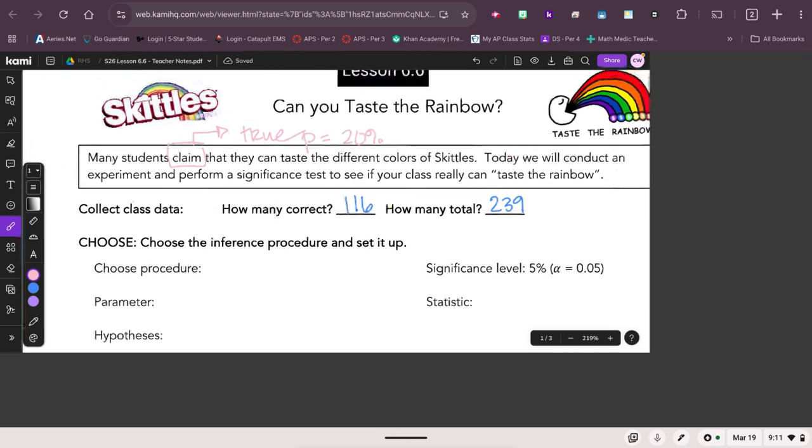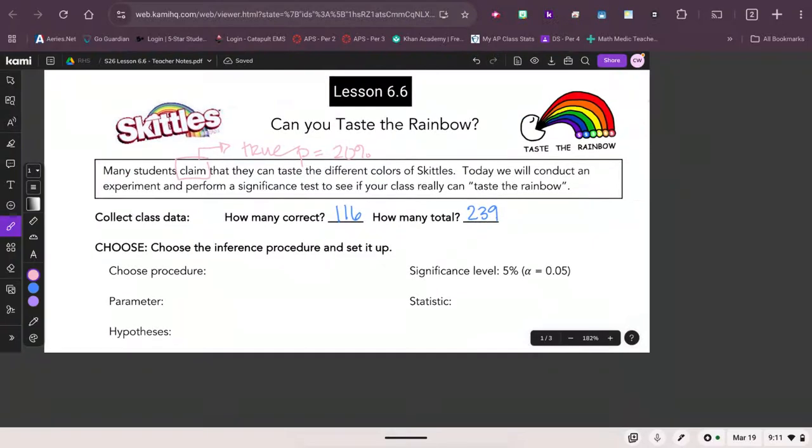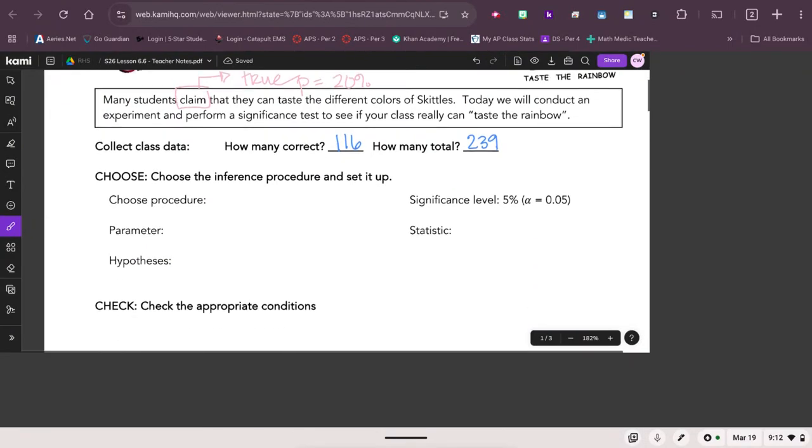Okay, let's use that and let's move through this. We are looking at choosing the correct information to set up our procedure. So I'm going to use my 4 different colors here and walk us through. For the first part, our procedure is going to be a single sample proportion Z, and it's a test this time.